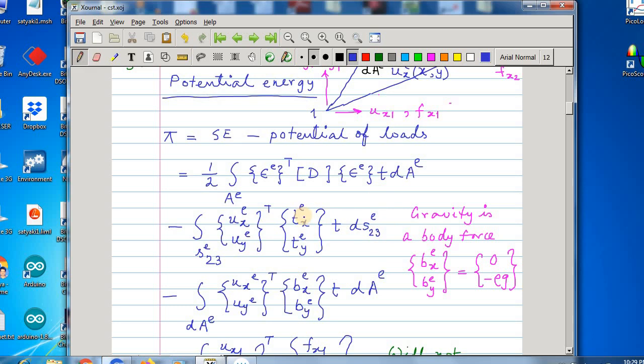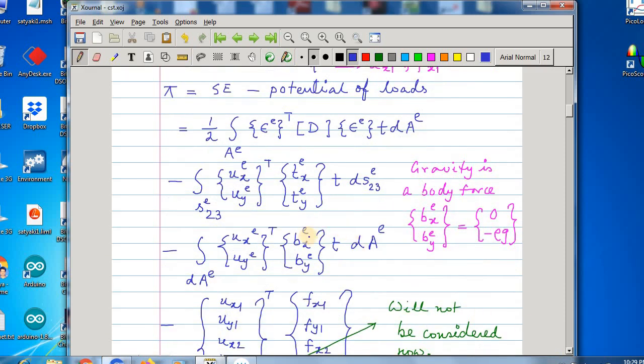If you express it as traction force per unit area, then you have to include T, and if you want to express it as surface force per unit length, then you need not consider T.